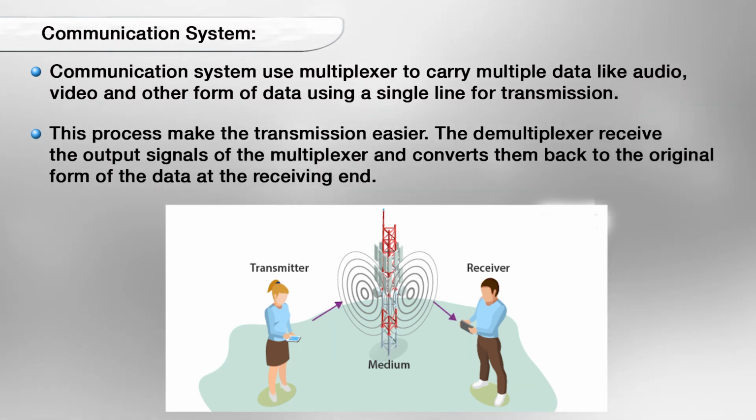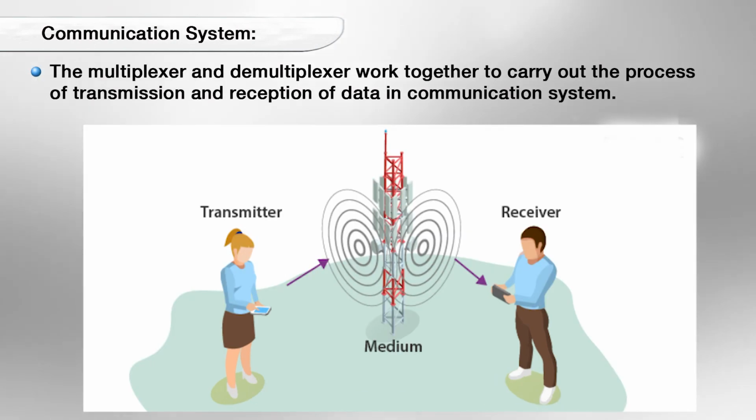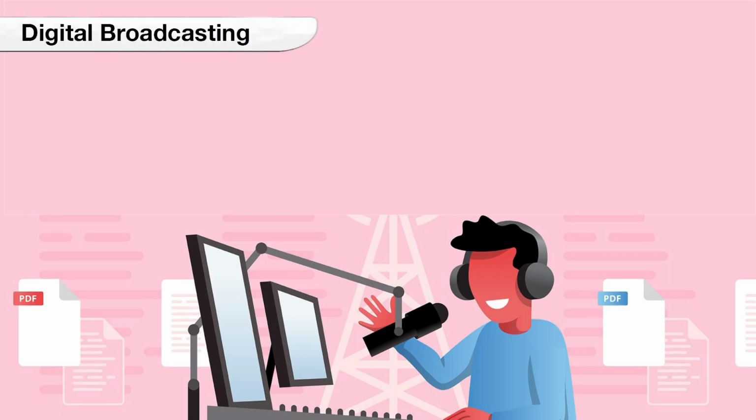The demultiplexer receives the output signal from the multiplexer and converts it back to the original form of data at the receiving end. The multiplexer and demultiplexer work together to carry out the process of transmission and reception of data in communication systems. Digital broadcasting.